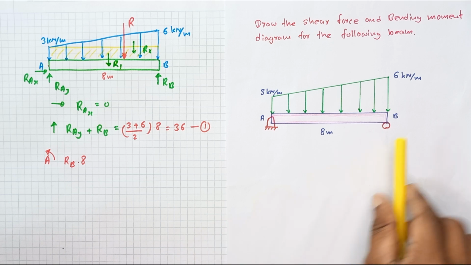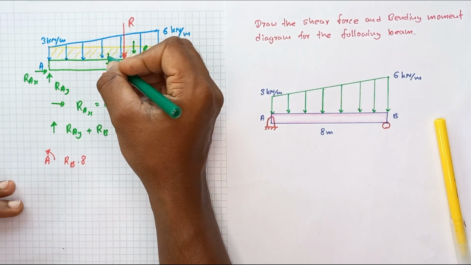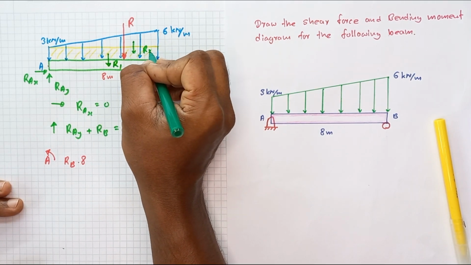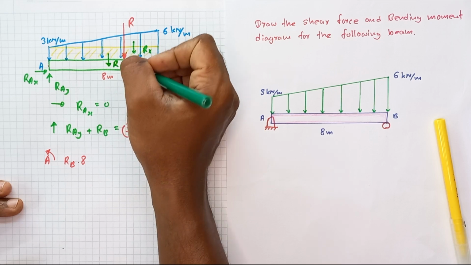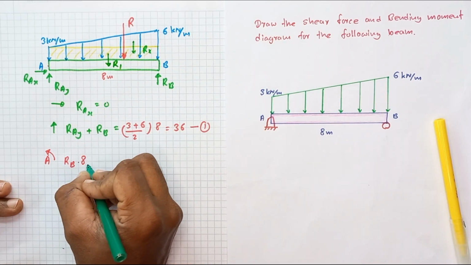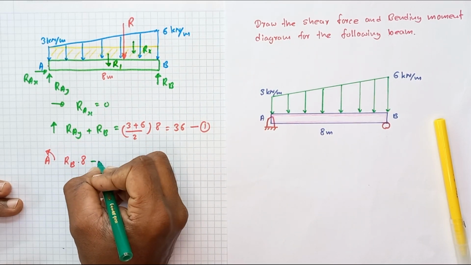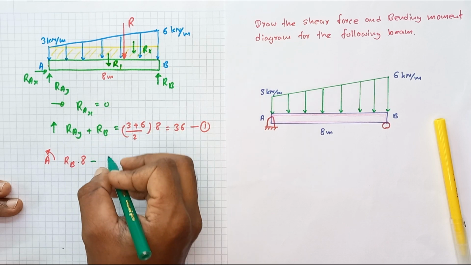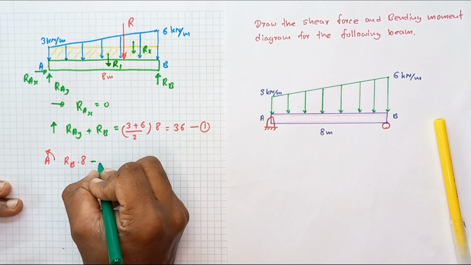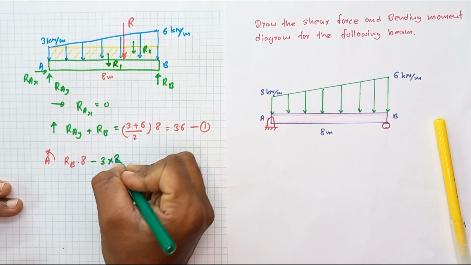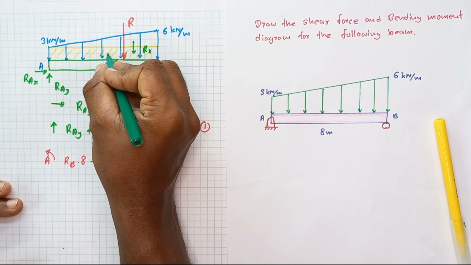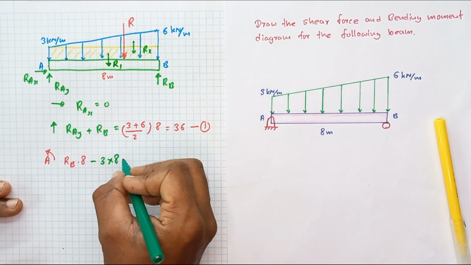What is the moment produced by the load due to the rectangular section? That is equal to minus R1 into the distance. R1 is equal to the area, 3 into 8. The distance to the centroid of this area is equal to 4.